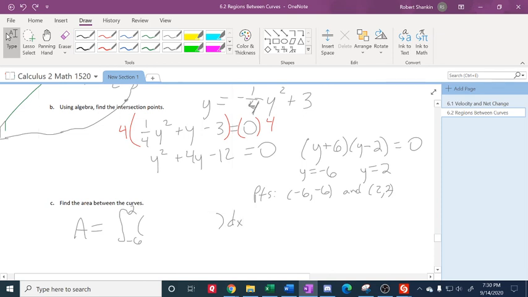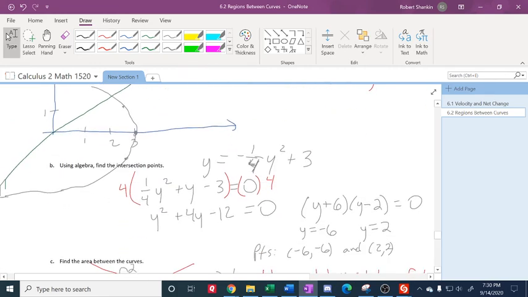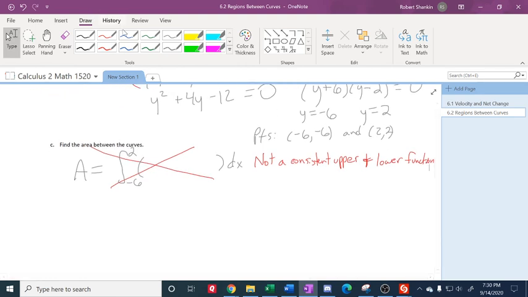So instead of doing this one, because there is not a consistent upper and lower function, we're going to go this way.